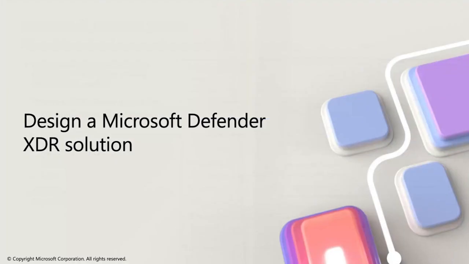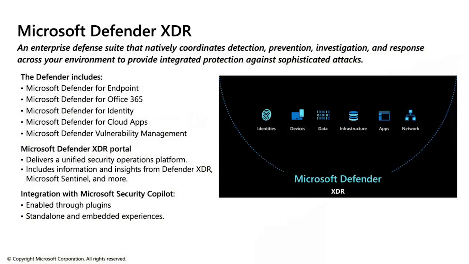Now, when we talk about Defender XDR solutions, basically in the Microsoft Defender XDR family, we have different kinds of Defender products. We have Defender for Endpoint, Defender for Office 365, Defender for Identity, Defender for Cloud Apps, and Defender Vulnerability Management. These are different Defender components that we can use to protect different services and features. We'll talk about what options we have.